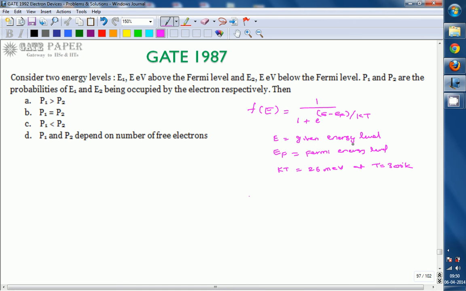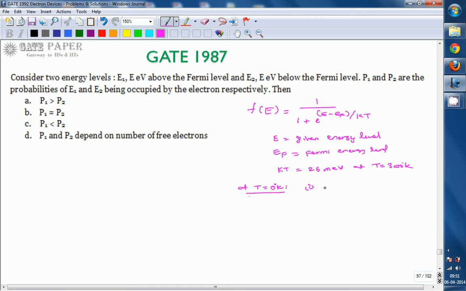Next, let us assume the T value is 0 degree Kelvin.